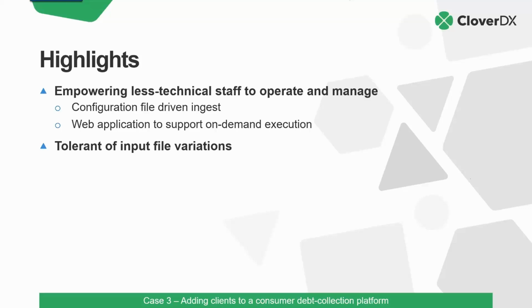The configuration file, as I suggested, is really clever in how it tolerates variations in the input file. If the client sends us a list of people we want to debt collect, but they change the format, that's fine. As long as those key fields are in there in any location, we don't care what else is in the file, and we don't care what order they're in.